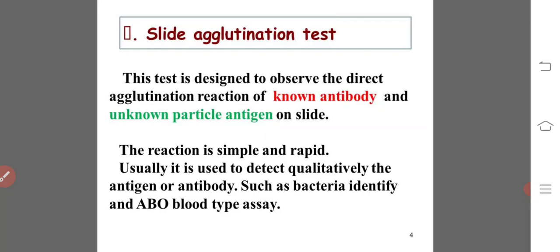The latex agglutination test for antigen detection is used to determine the presence of capsular antigen of Haemophilus influenzae and Streptococcus species, and latex agglutination test for antibody detection is used to detect cytomegalovirus, rubella virus, varicella zoster virus, heterophile antibody of infectious mononucleosis. So anti-streptococcal antibodies, mycoplasma antibodies can be detected by the latex agglutination test for antibody detection.